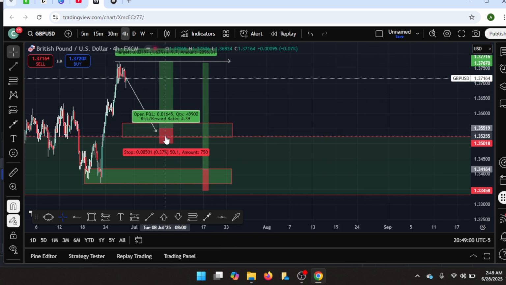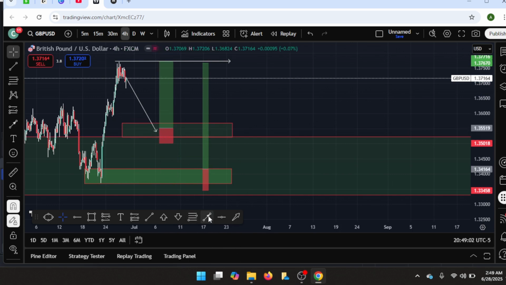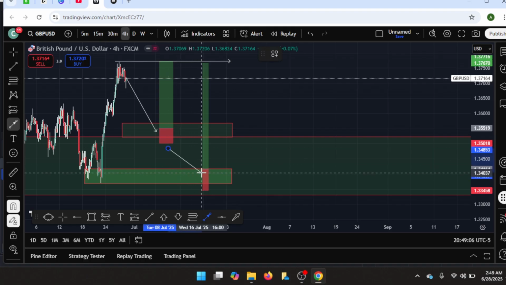If it takes me out, I'm waiting for you to come to this zone. Most of the time it might not take me out. And you cannot predict the market. With Forex, anything can happen. You take what the market gives you. Sometimes it's not that your judgments are wrong, but the market is just the market.